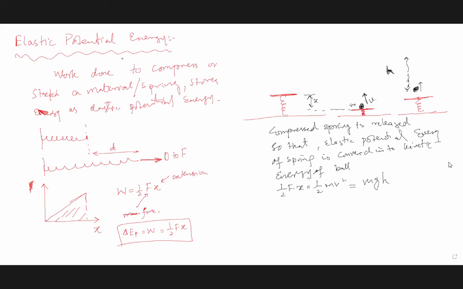They may give you the maximum force acting and extension, and ask you to calculate height. बताएं कितनी height तक बॉल जाएगी. So you can directly equate half Fx equals mgh. Or if they give you that 60% of elastic potential energy is converted into kinetic energy or potential energy, then obviously 60% of half Fx equals mgh or half mv square.